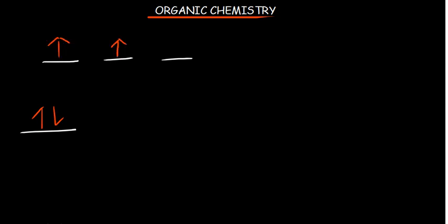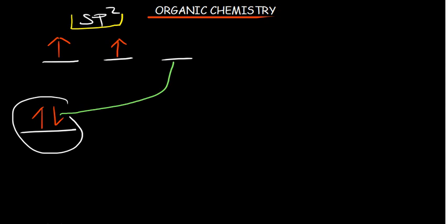So what will happen for the sp2 hybridization? As you might guess, this one will only involve 2 p orbitals. This electron will be excited to that part, so that there will be no electron here.